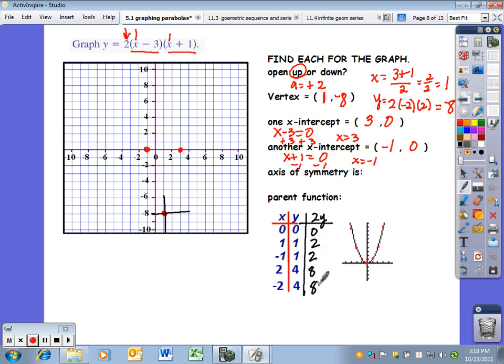So I have my (0, 0) plotted, (1, 2), and symmetrically, (negative 1, 2). (2, 8), and symmetrically. Graph your parabola. So my axis of symmetry happened right here, which is x equals 1.